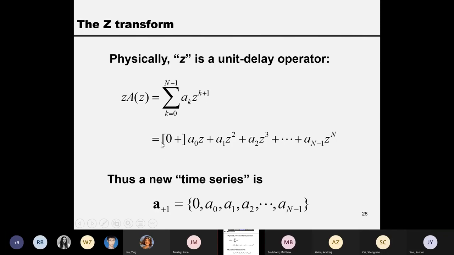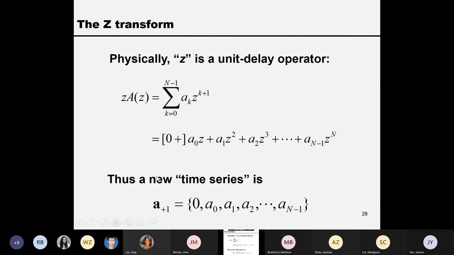So the new series becomes 0 in the front, then A0, A1, A2, up to A n minus 1. The length is longer: it was n samples, now it's n plus 1, because we have a 0 in the front. Multiplying by Z shifts your whole time series from A0, A1 rightwards. So Z really means a unit time delay.